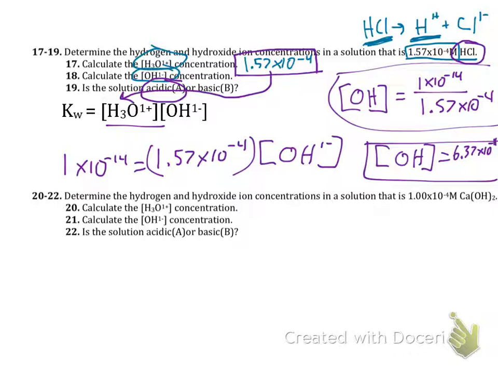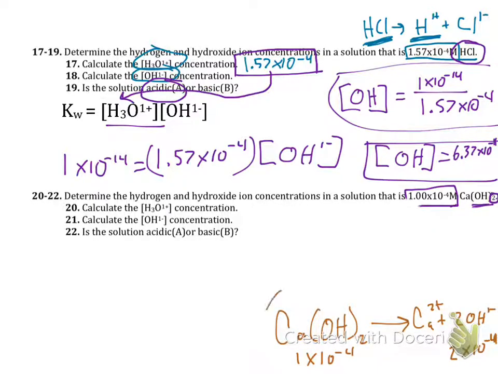Now for numbers 20 through 22, if you take a look, this is giving us the concentration of calcium hydroxide. Now because this has hydroxide in it, we can get the hydroxide ion concentration. But what do we need to keep in mind? We need to keep in mind that for every 1 calcium hydroxide, there's 2 hydroxides. So that means that whatever this concentration is, we're going to have double the amount of hydroxide ion concentration.